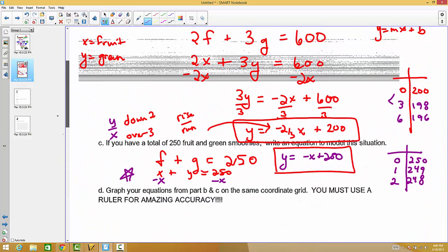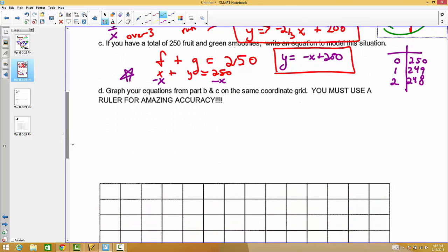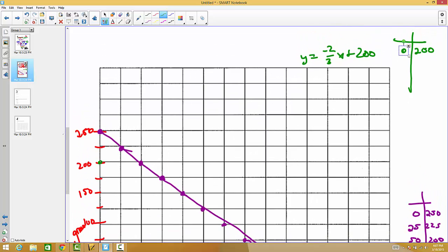Alright, the other equation right here, 0 is 200. I'm going to write this equation right here. And then our graph, we went up by 25s. So 0, 200 is right here. So if we plug 25 in, we are going to get a decimal, but it would be negative 2/3 times 25 plus 200.